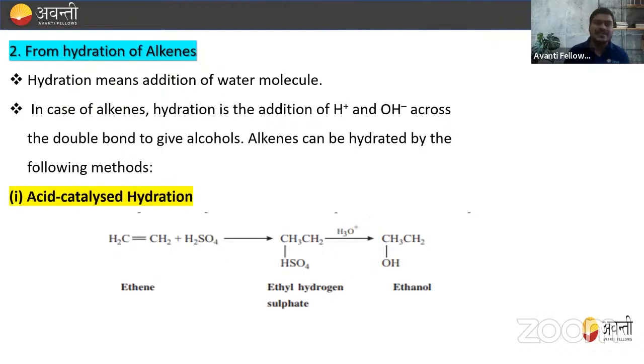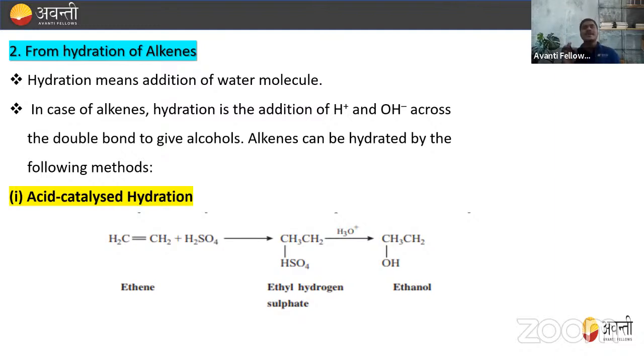Now, from hydration of alkene. This is also a very important method for the preparation of alcohol. Hydration simply means addition of a water molecule. In case of alkenes, hydration is the addition of H+ and OH across the double bond to give alcohol.